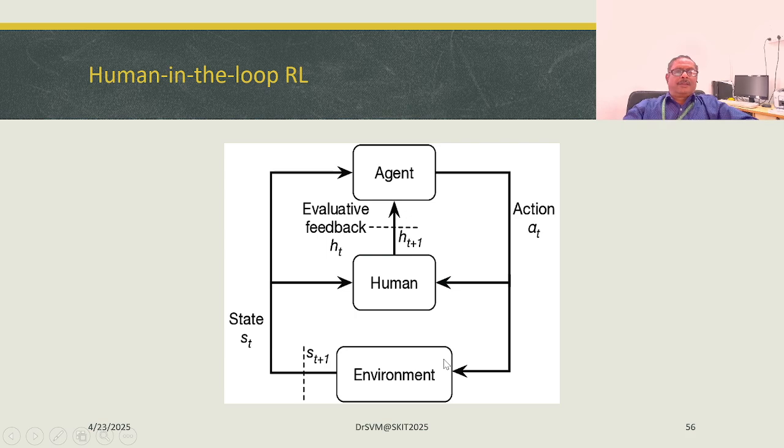The other version is that you can't totally depend on the machine, so we can keep a human in the loop. So here, in the place of the critic, we do have a human. The agent looks at the state of the environment, then takes the action, and this action will change the environment and produce a reward.